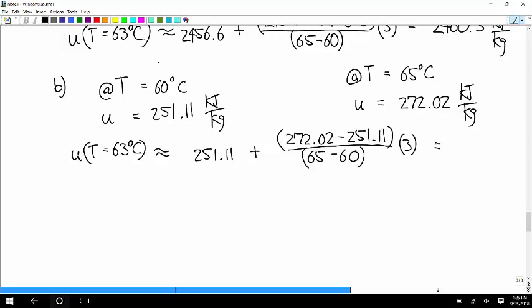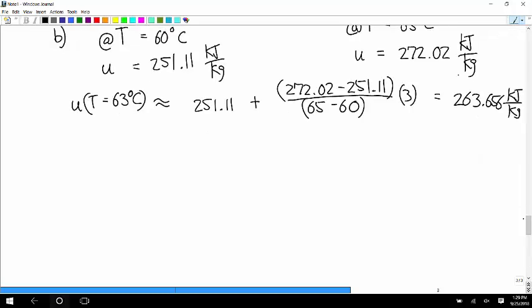And what do you get for that? 263.656 kilojoules per kilogram. Any questions about those? Okay, it's a little more tedious, a little more complicated.